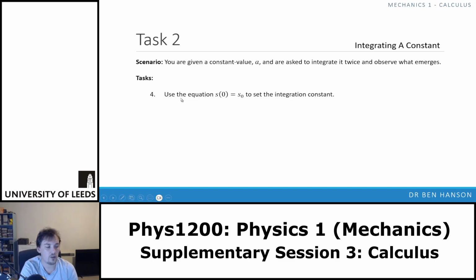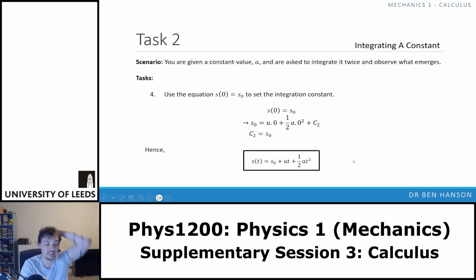And now what we want to do is use the equation s of 0 is equal to s0 to set that integration constant. So s of 0 is s0, and s of 0 is u times t plus a half at squared, where t is 0. c2 then is equal to s0. So hence, our full specified indefinite integral s of t is equal to ut plus a half at squared plus s0.